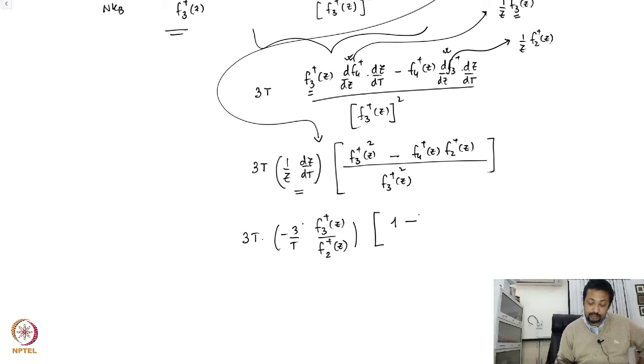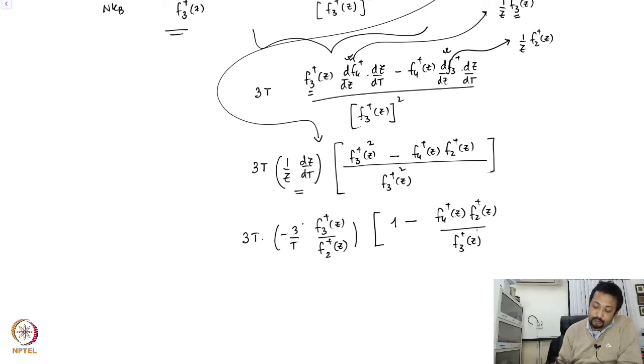And this is 1 minus f4 plus of z f2 plus of z divided by f3 plus of z whole square.